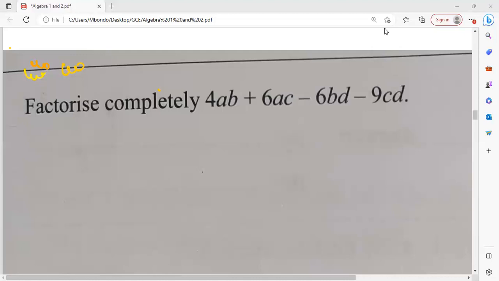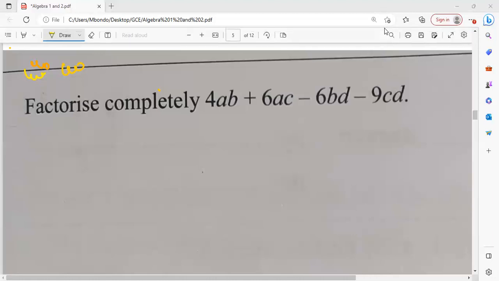So how do we factorize this? When you look throughout, there's no number that they have in common except 1. When that is the case, you have to group them. You group these two, and you also group the other two.